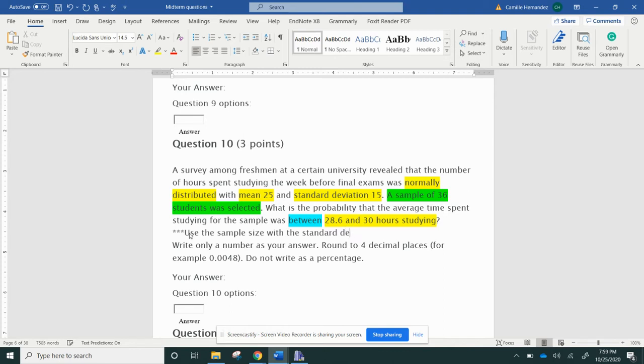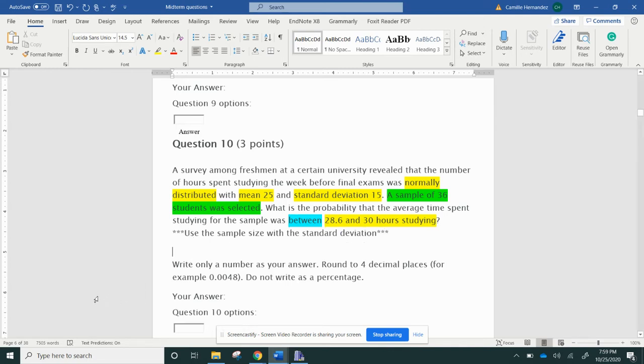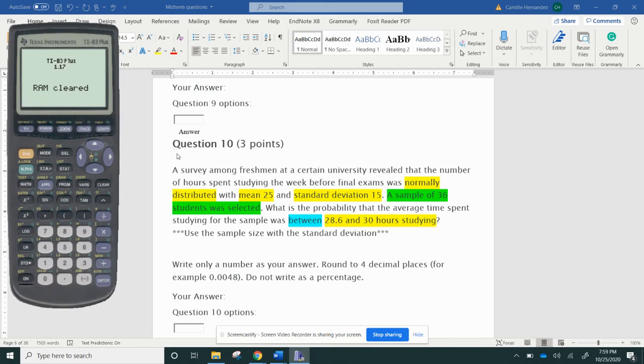Okay, we didn't do it in the first ones, 2 through 5, because I didn't have a sample size, but now I have a sample size. I need to use it. All right, so there's my warning. So I'm going to make my new value.